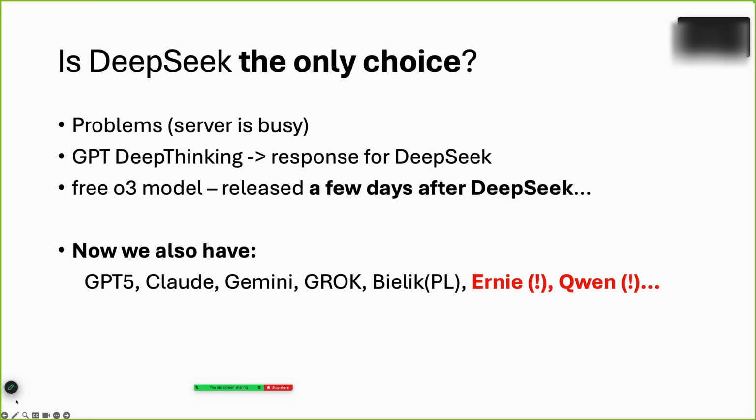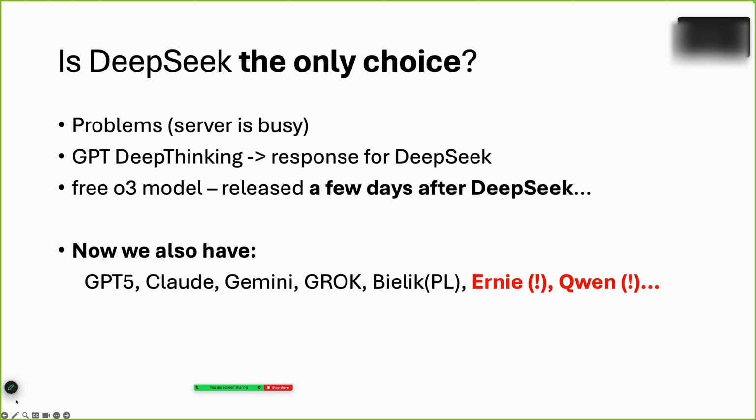Because when DeepSeek introduced deep thinking, ChatGPT introduced deep thinking 5 days after. They already had it. They didn't show it to people. Deep thinking in OpenAI became so visible because DeepSeek introduced that. I'm just asking myself what they already have in the company and don't show, but okay.